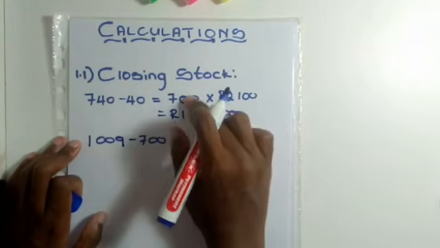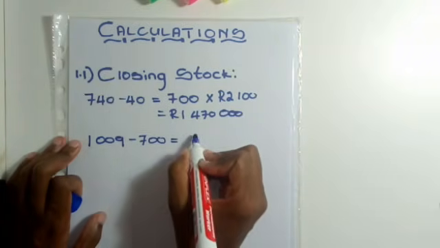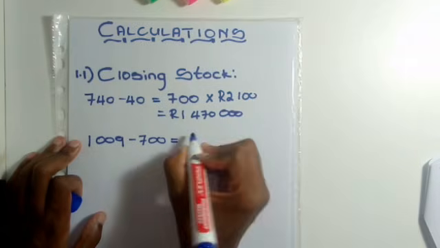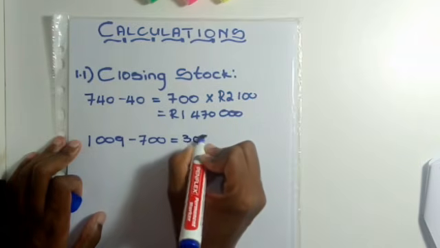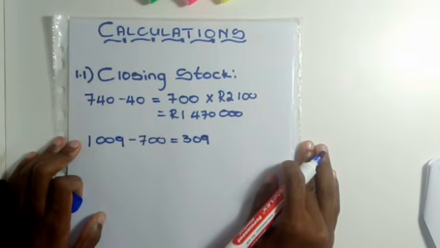I have already dealt with this closing stock, so I'm going to take it out of my 1,009, and in that way I will be left with 309 units. 309 units will be taken out of the stock that was purchased in September 2022. Now, how do I know that I can take it out of that stock?